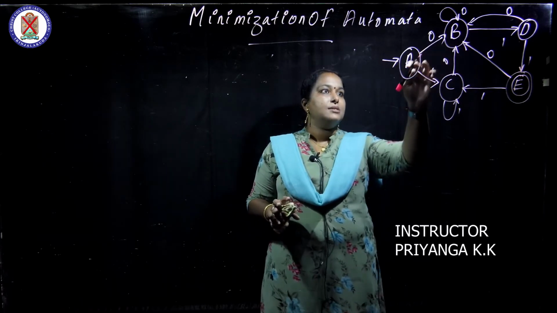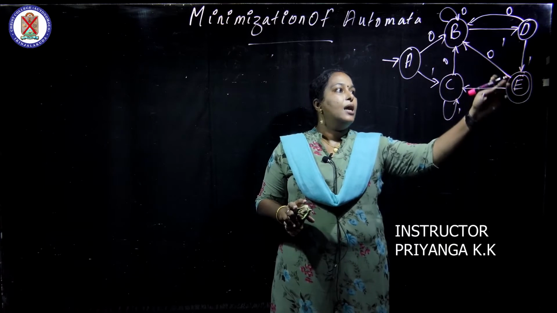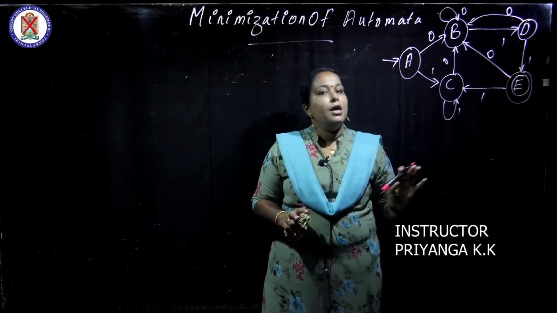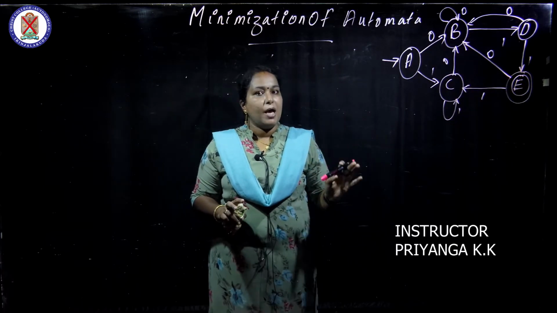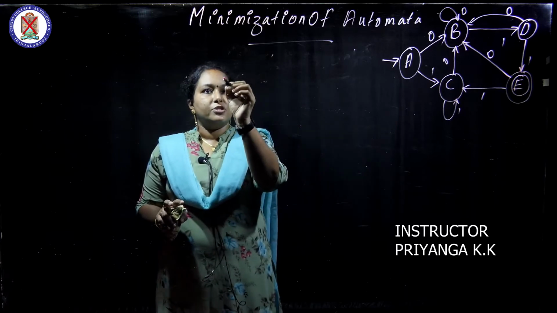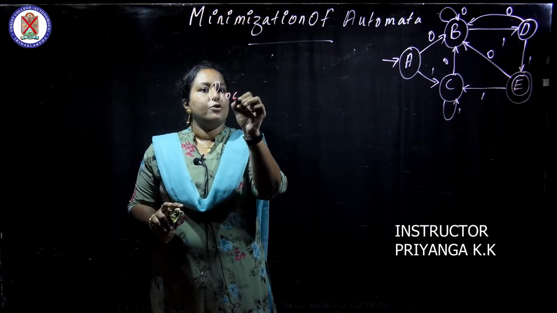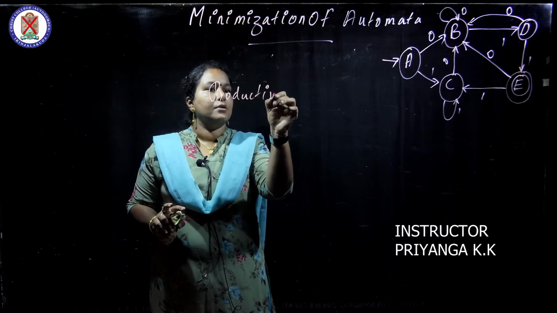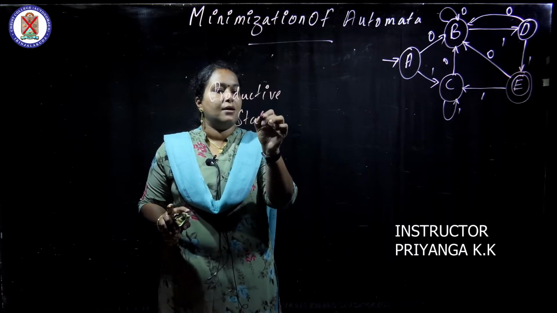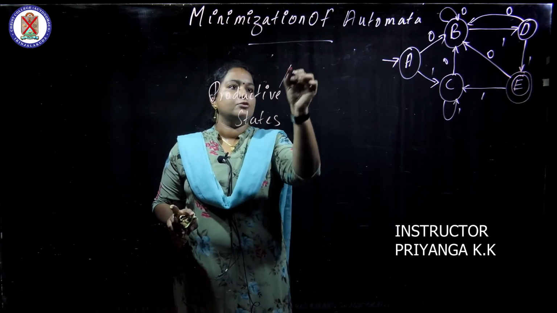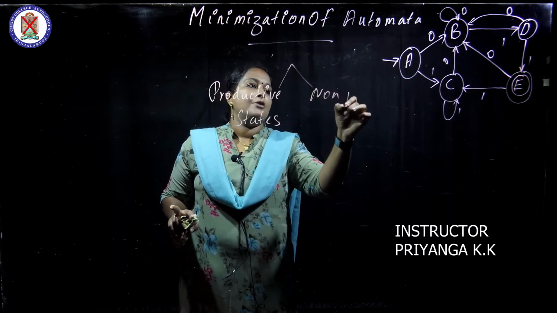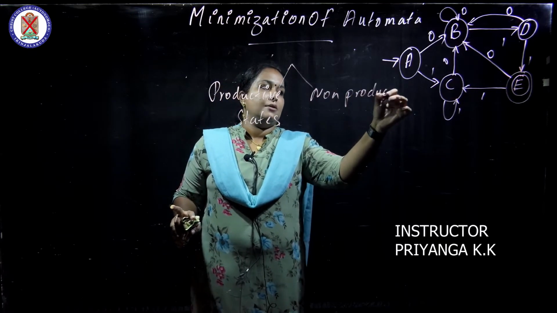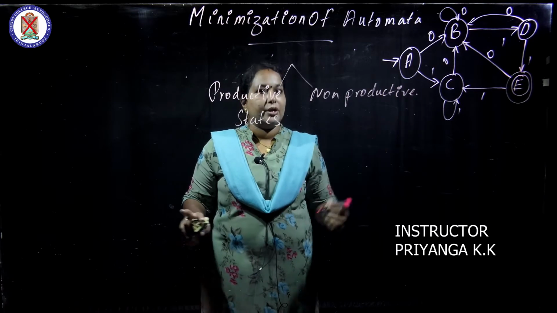So we have states A, B, C, D, and E is the final state. The first step in minimization is you must check for the productive and non-productive states. In any DFA there are 2 kinds of states, productive and non-productive. What is meant by productive?